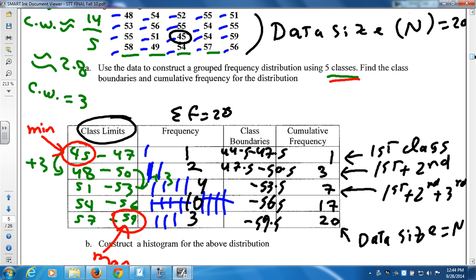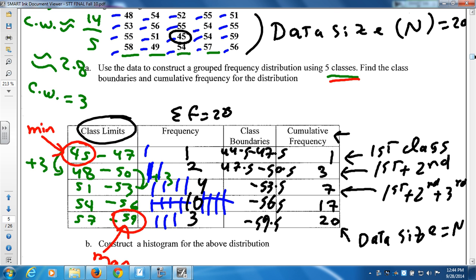I just keep adding the classes' frequencies. So it's called cumulative, which means you just keep accumulating frequency. Instead of just writing the class frequency, we write the accumulated frequency. Okay? Any question about that? So that's how we did the table, that's how we did the design.